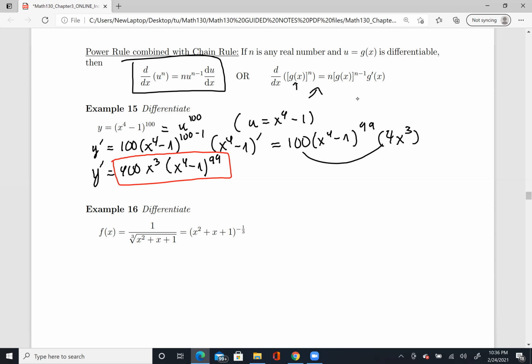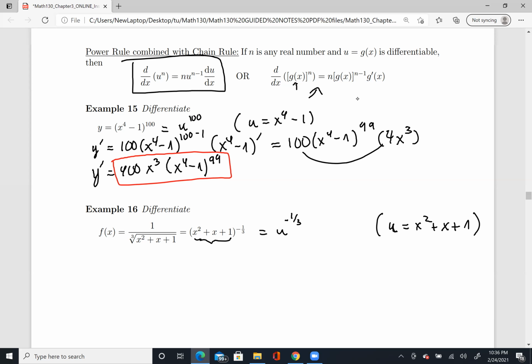When you look globally, you see this as u to the power negative 1/3, where u in this case is x squared plus x plus 1, which is the inner function. You see that, right?